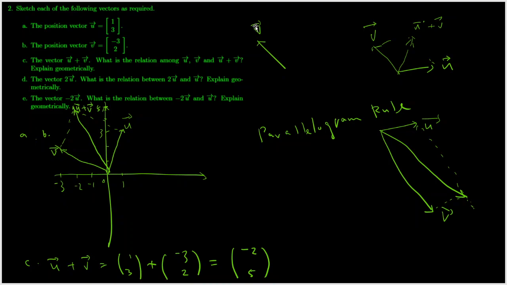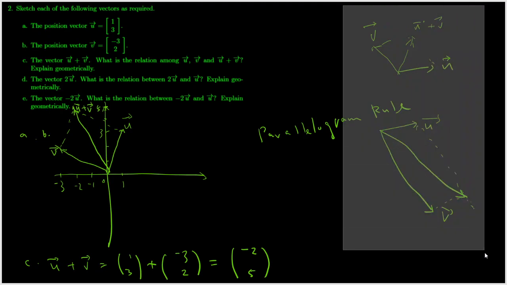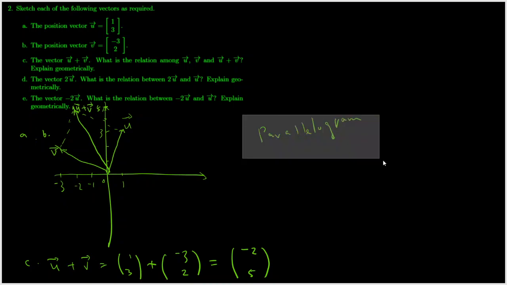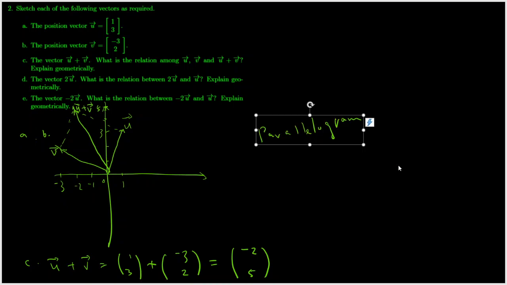Now we move on to question D. We did question C, right? I will still put D on this slide. Scalar multiplication is easier to interpret. In question D, we're trying to sketch the vector 2u.